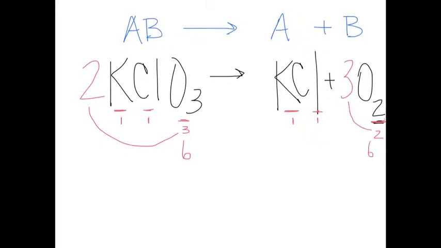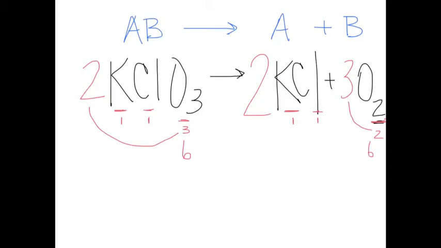Now, in doing that, we also have the issue that our potassium and chlorine, there are 2 of them, whereas before there was only 1. Therefore, we will have to put a 2 in front of the KCl as well.